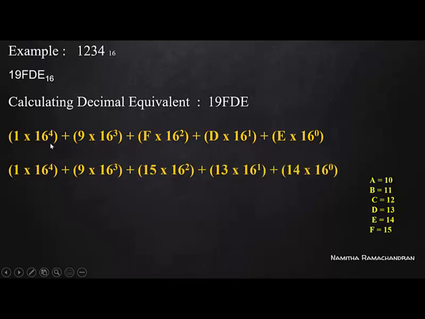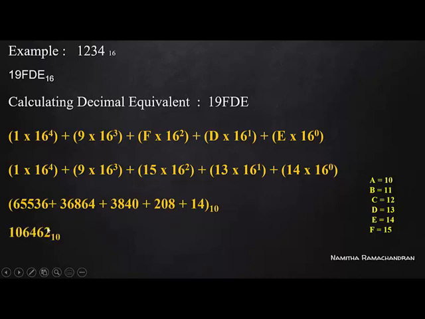So using that, we can replace E with 14, D with 13, F with 15. Now evaluate the positional values like this. Then we can add and get a number like this, which is 1,06,462 in decimal. Right? So this is the method of converting a hexadecimal number to its decimal equivalent.